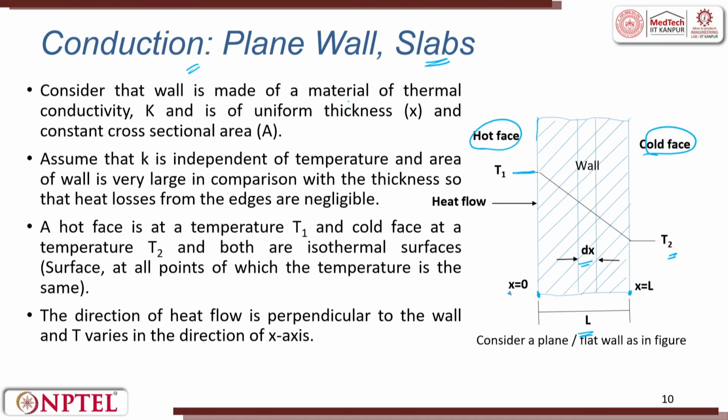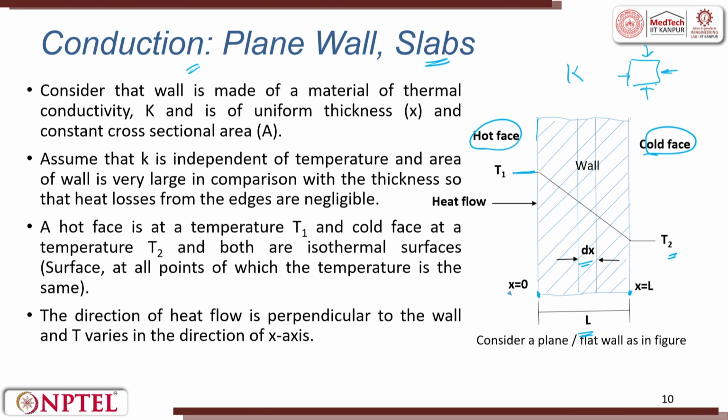Consider a wall made of a material of thermal conductivity K and uniform thickness x, and a constant area. This is a wall, and the wall has an area, length into breadth.